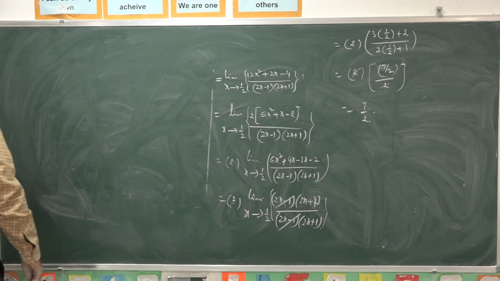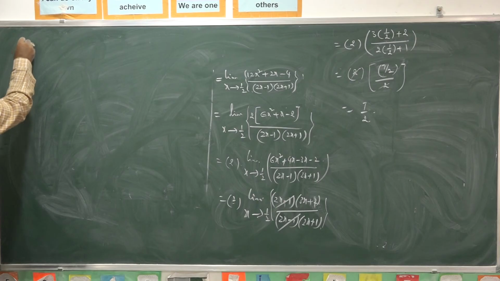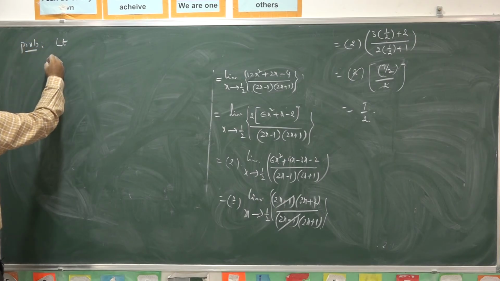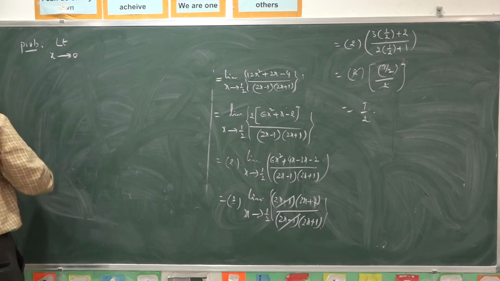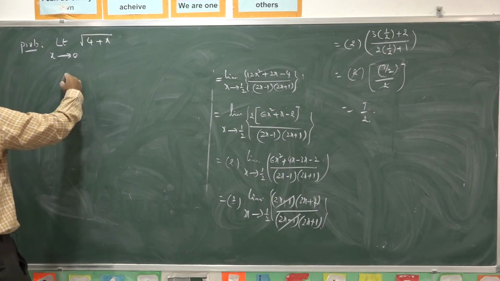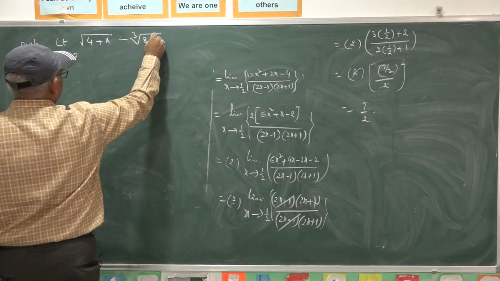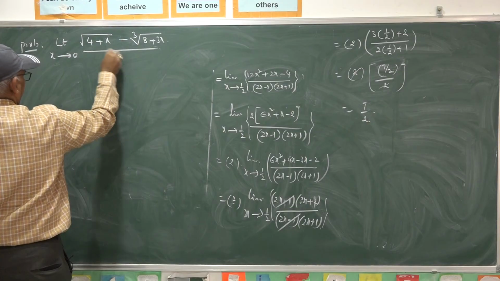Next, this is one more interesting problem. Limit as x goes to 0, square root of (4 plus x) minus cube root of (8 plus 3x), by x.